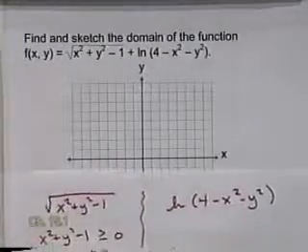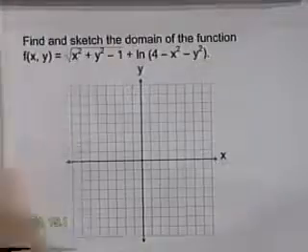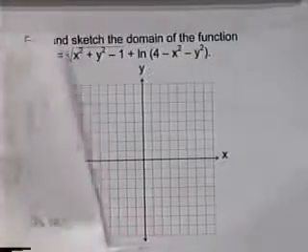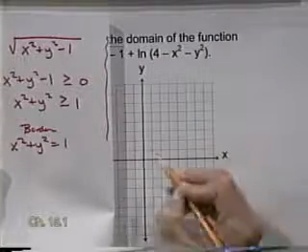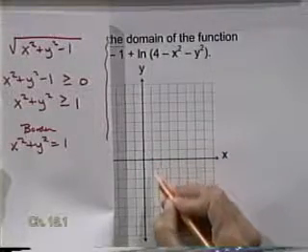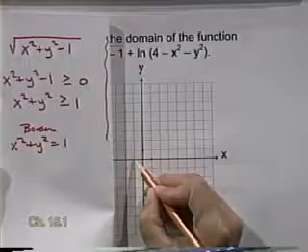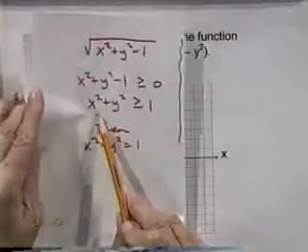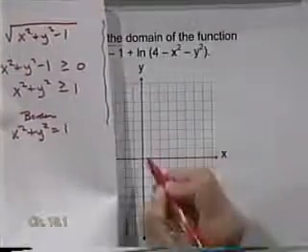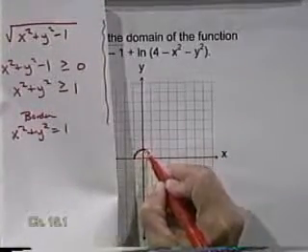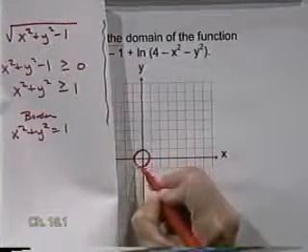So I want to graph that. A circle of center 0, radius 1, I can go up 1, down 1, to the right 1, to the left 1. And since we have x squared plus y squared greater than or equal to 1, my border is solid.